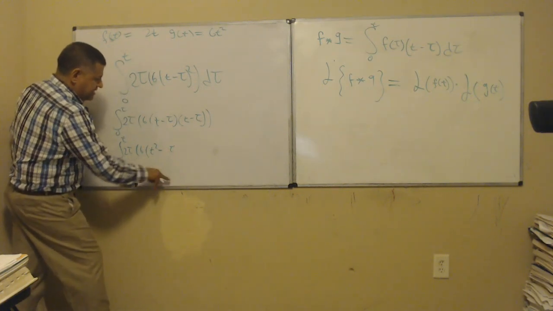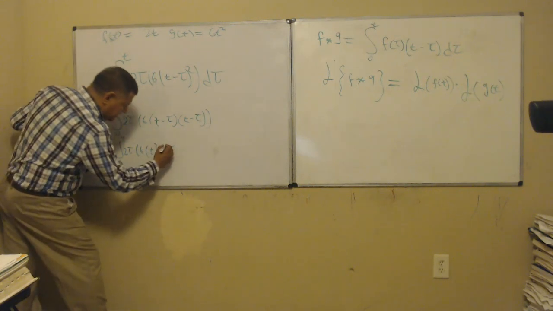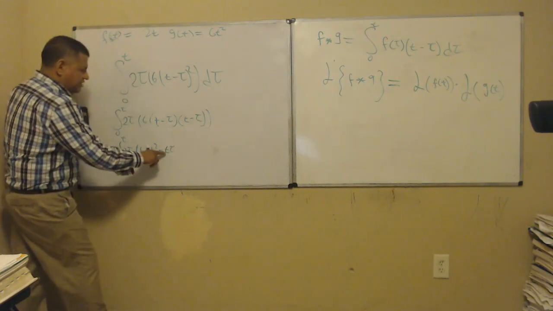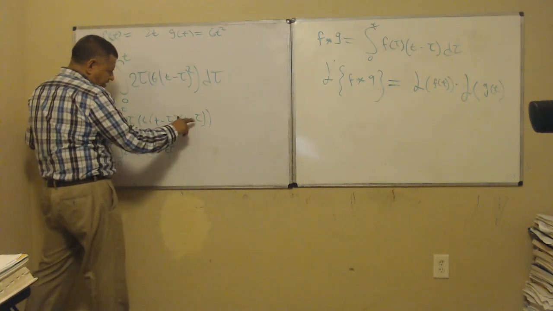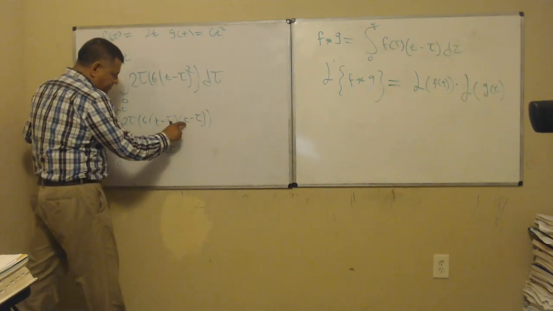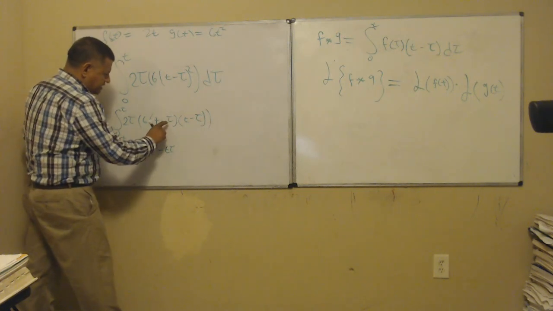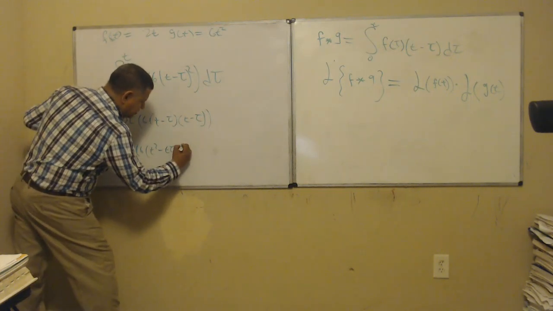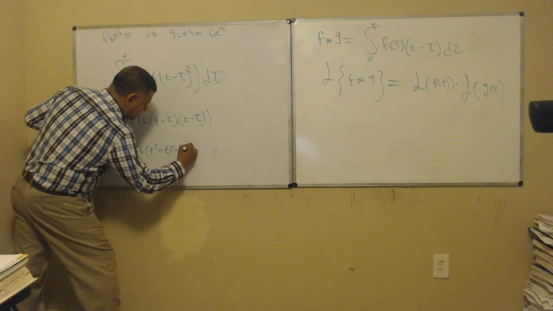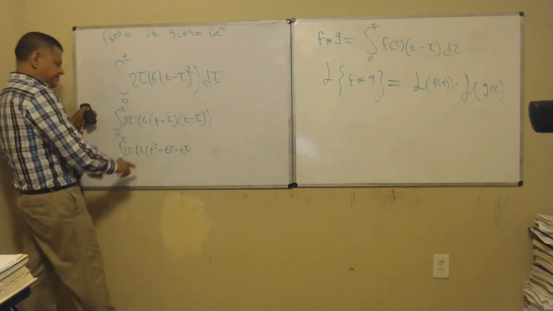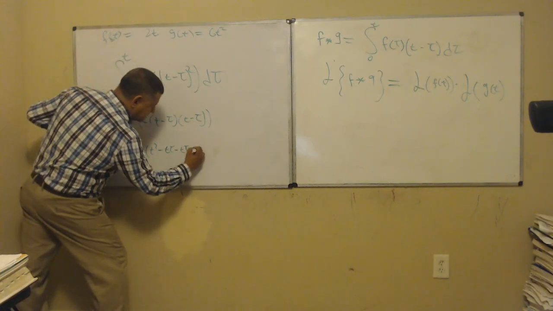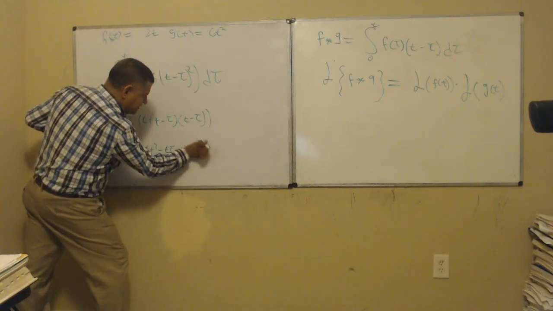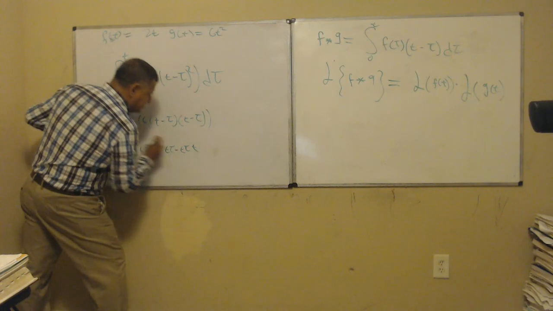You can use lambda, you can use any letter for this. So this is a t, this is a tau. I'm multiplying this times this, and then this times this is another minus t tau, and then this guy times this guy gave me positive.